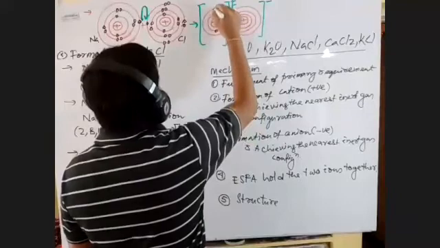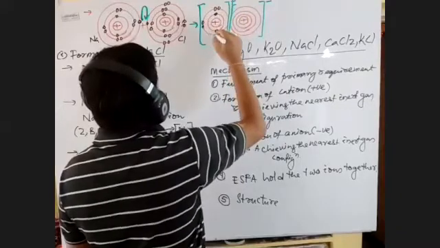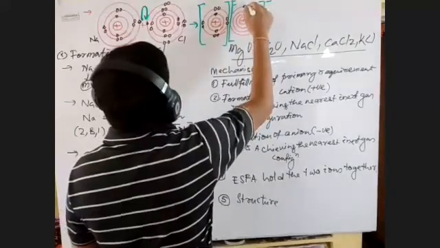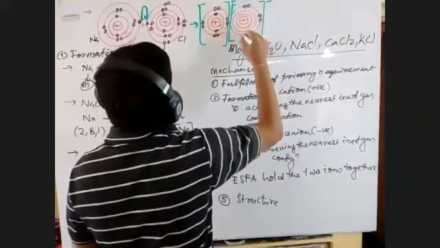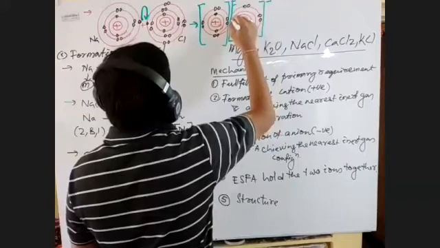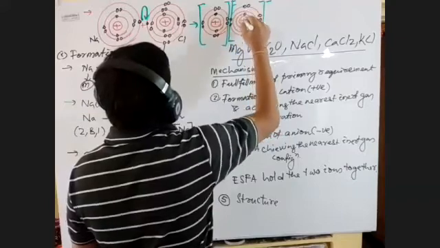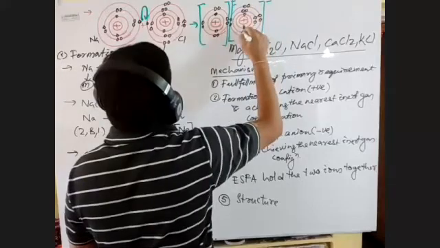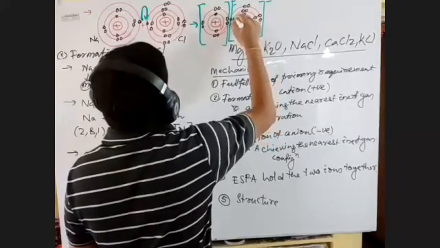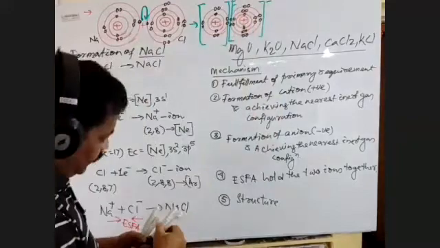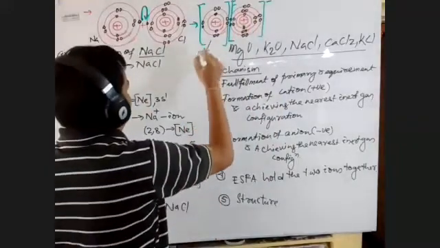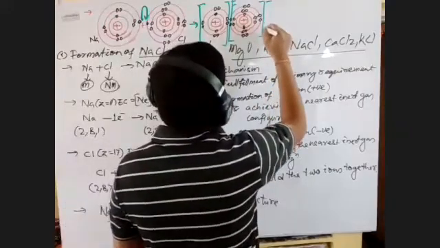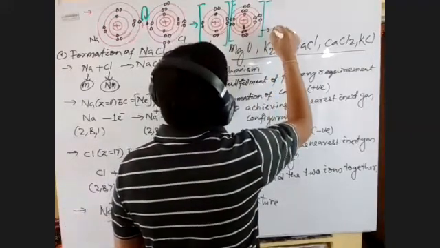These are 2 and 8, and 2, 8, 8. So one is achieving the nearest inert gas configuration of neon, and the second one is achieving the nearest inert gas configuration of argon.